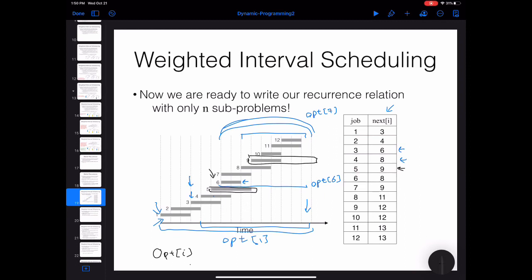So you have two choices for opt i. Either you take the job i, so whatever is the weight of i, you take it, plus whatever is the optimal answer for the jobs that have no conflict with i. What is the closest one? It is the next of i.